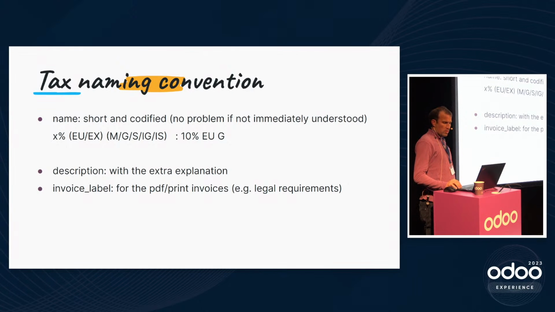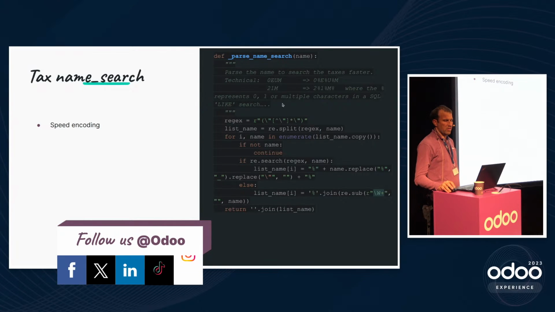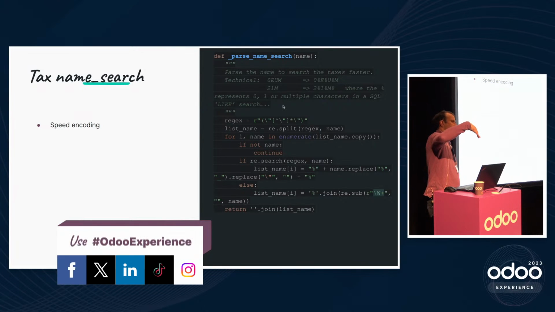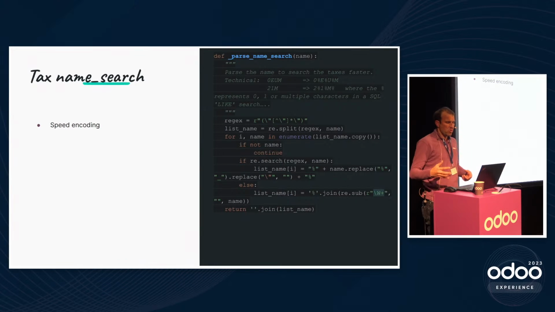Yeah. And how does this actually work behind the scenes? The name search is inherited and is then calling this parse name search, where it actually splits the entire string to put lots of percents, and the percents and the like function allow for putting more or less anything.